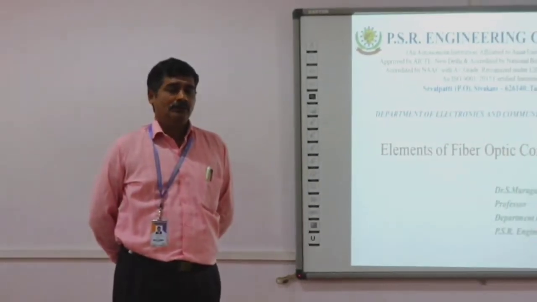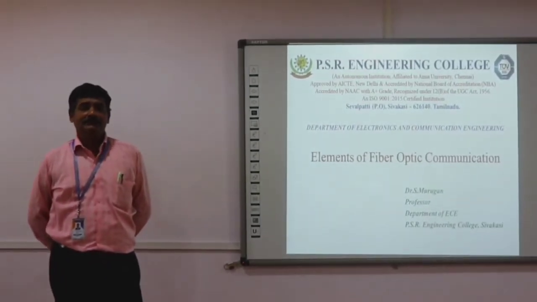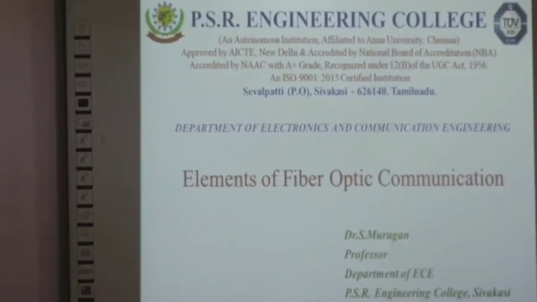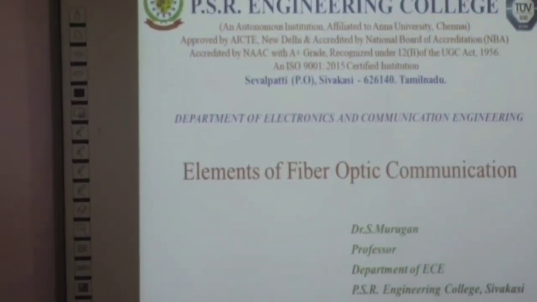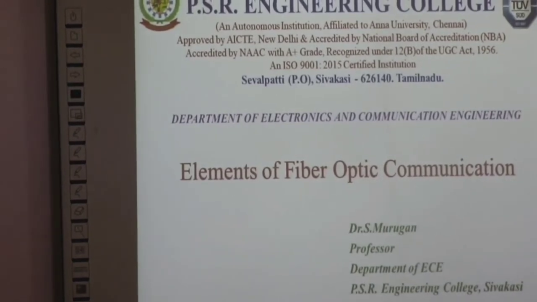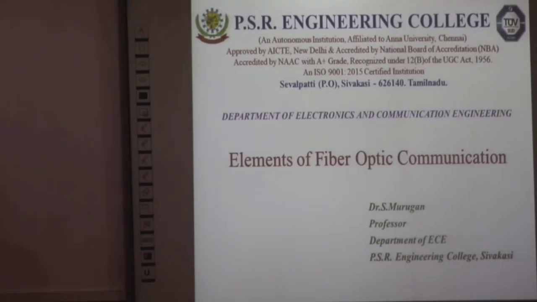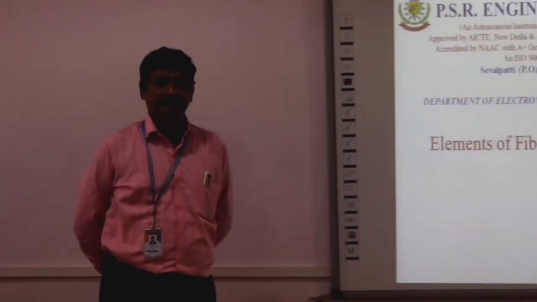The high data rate is achieved by using high bandwidth channels, and we have to use very low attenuation channels for increasing the transmission distance. So in olden days, we have used twisted pair wires for low frequency signals, since only audio signals we have transmitted from one place to another place.